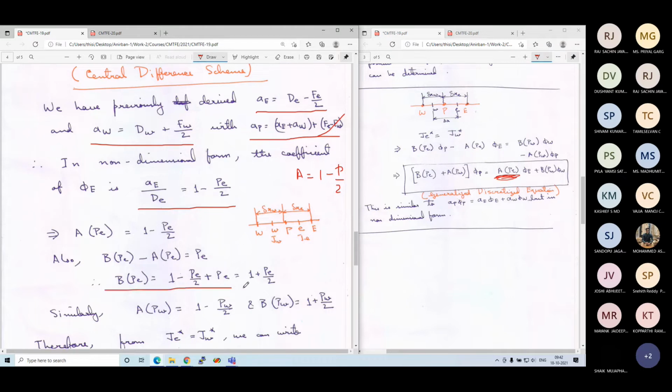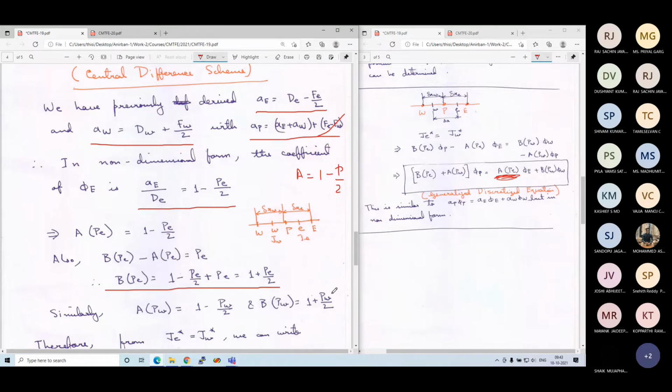So B of P is equal to 1 plus P by 2. In general, B is equal to 1 plus P by 2 for the central difference scheme. Similarly, A of PW is 1 minus PW by 2, and B of PW is equal to 1 plus PW by 2.